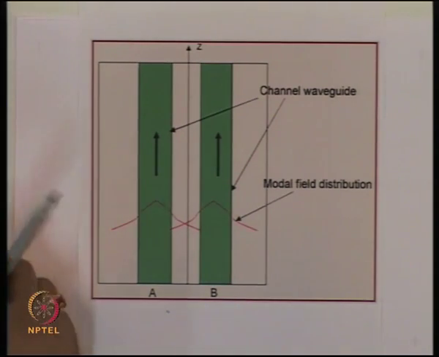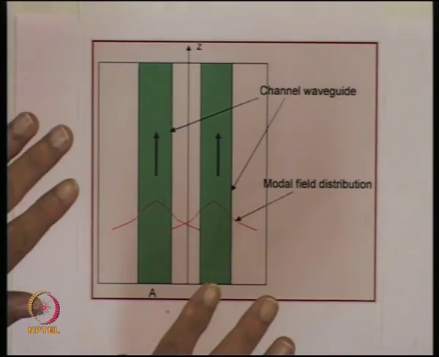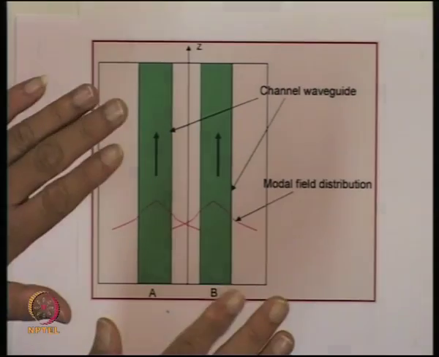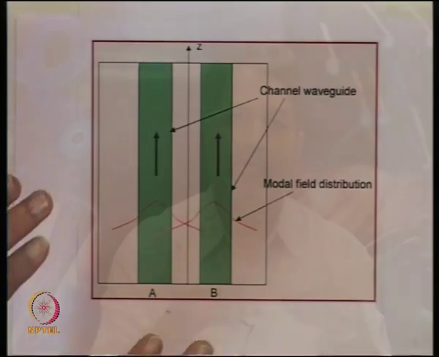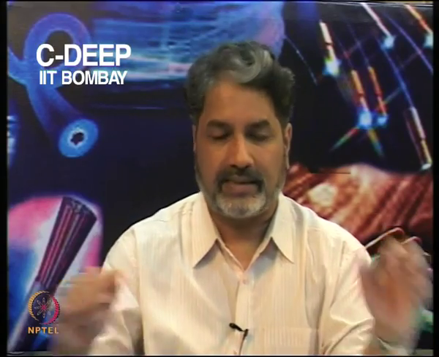So now we are not talking about optical fibers here, we are talking about integrated optical devices in which there are two channel waveguides sitting next to each other, and the optical energy is primarily confined to these channel waveguides, but you have an evanescent field which extends into the substrate.